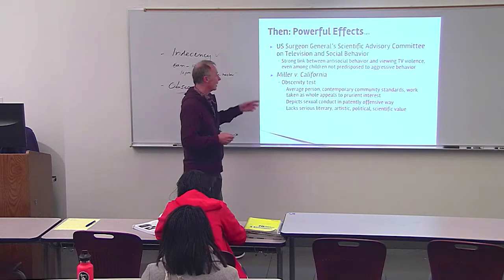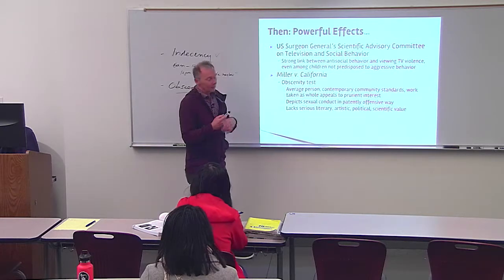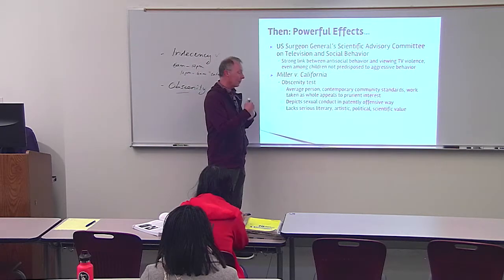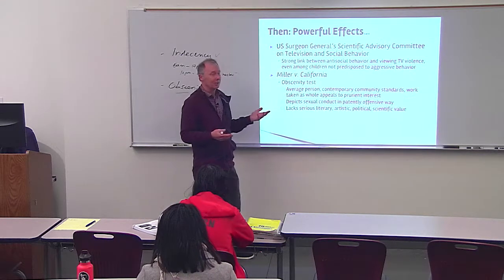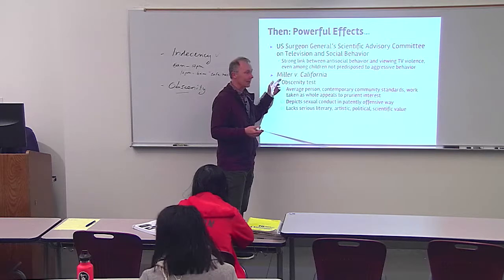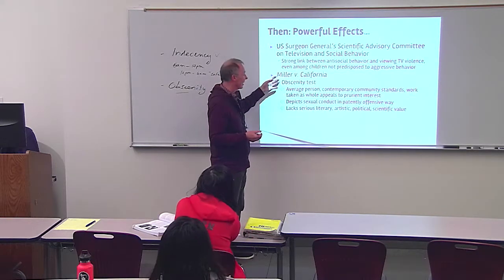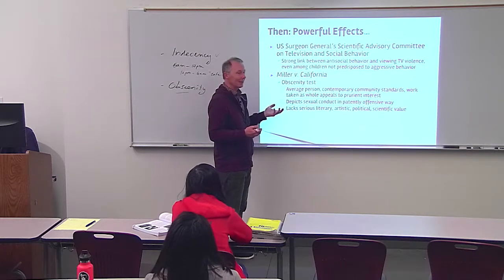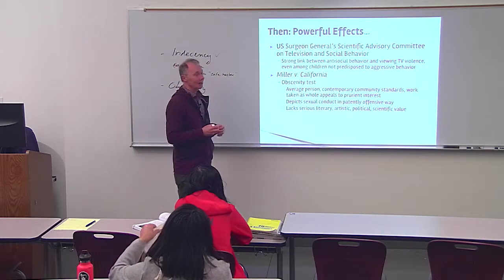So this took a while, and this is actually the Miller versus California decision, which spurred that advance in this definition of how to treat obscenity. And so that's why nowadays, Miller versus California is a key precedent in terms of restricting obscene content.